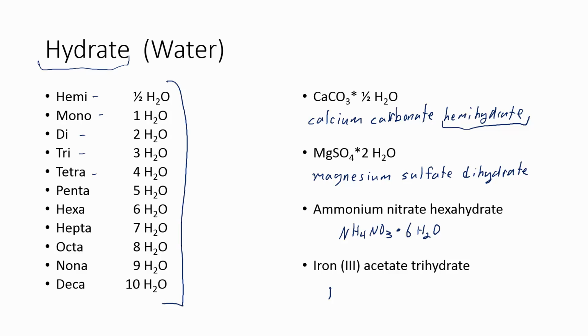And iron 3 acetate, iron and acetate, +3 for the iron, -1 for the acetate, means we need 3 of them to make this even out charge-wise. And then trihydrate means 3 waters. And that's it. That's as hard as this is.